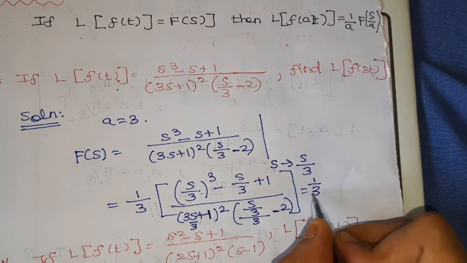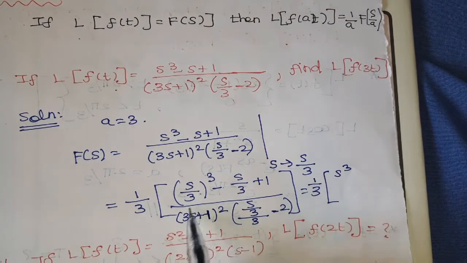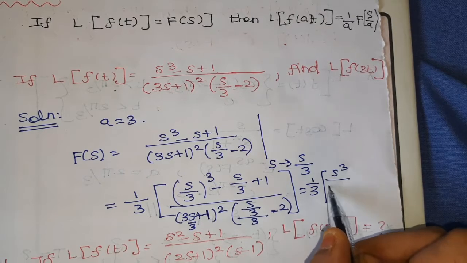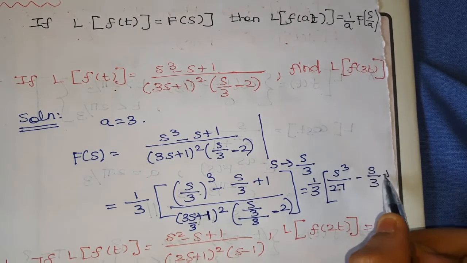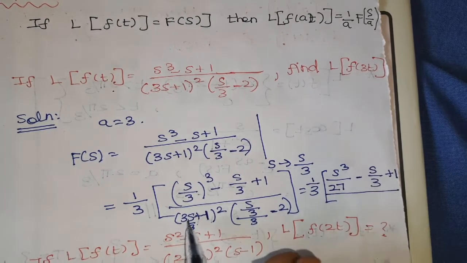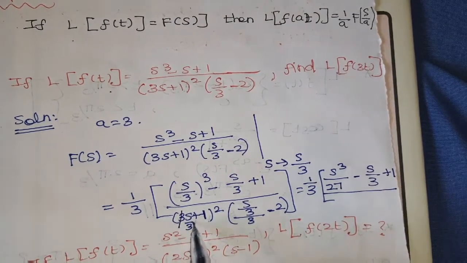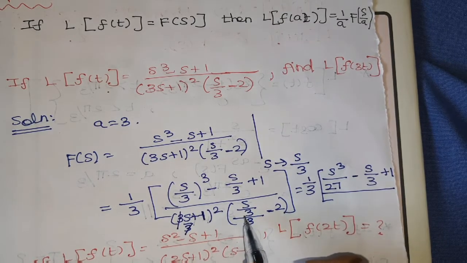What we will get? 1/3 times s³ by 3³, that is 27, minus s/3 plus 1. Here the 3 gets cancelled, this 3 will come over here to the denominator.